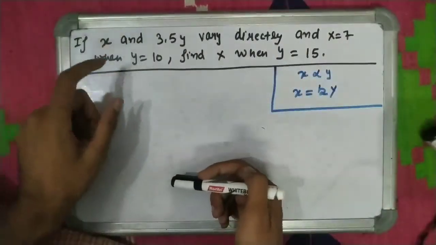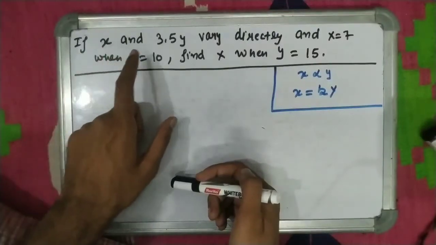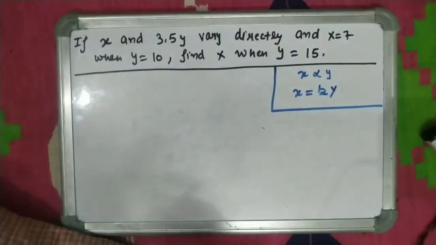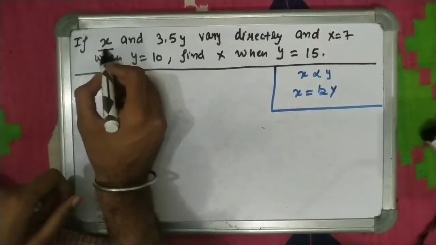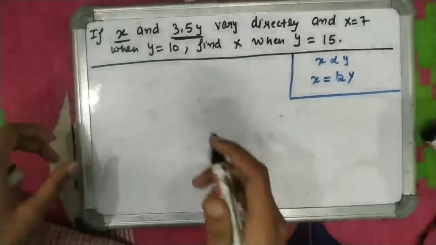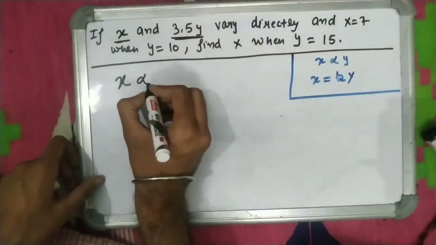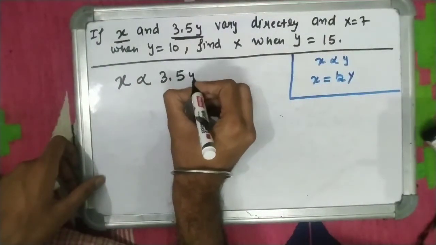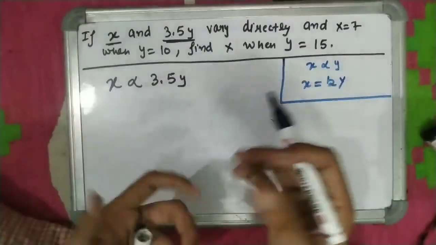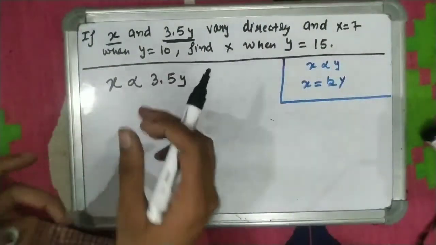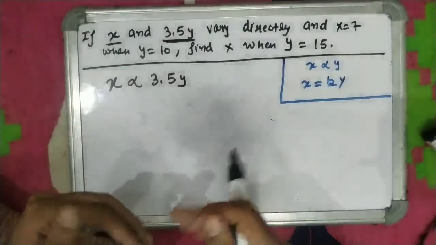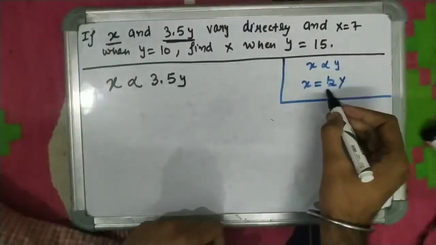but in our question they said x and 3.5y vary directly. Now this means that these two numbers are directly proportional. So I will write x directly proportional to 3.5y. Understand? And the next step is we need a number, because this means that if x is increasing, this 3.5y is also increasing, but we want the k value also.